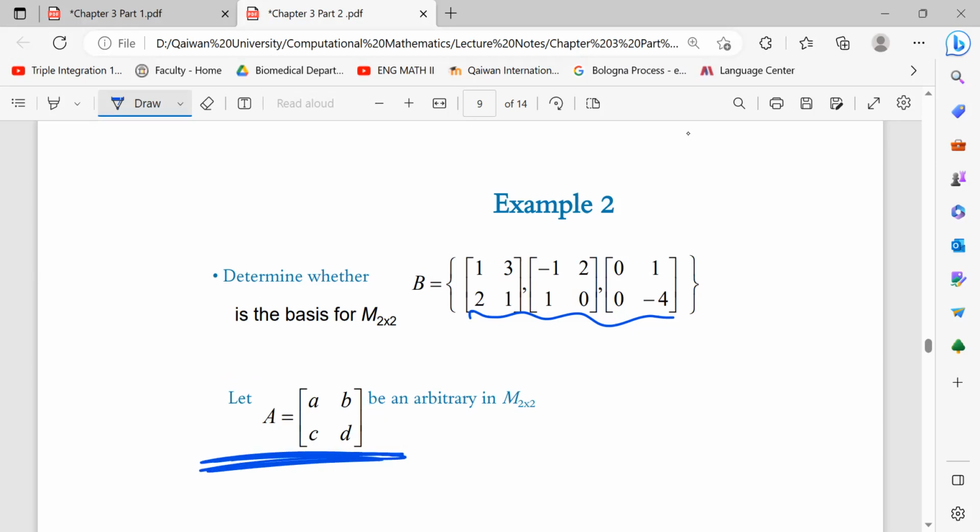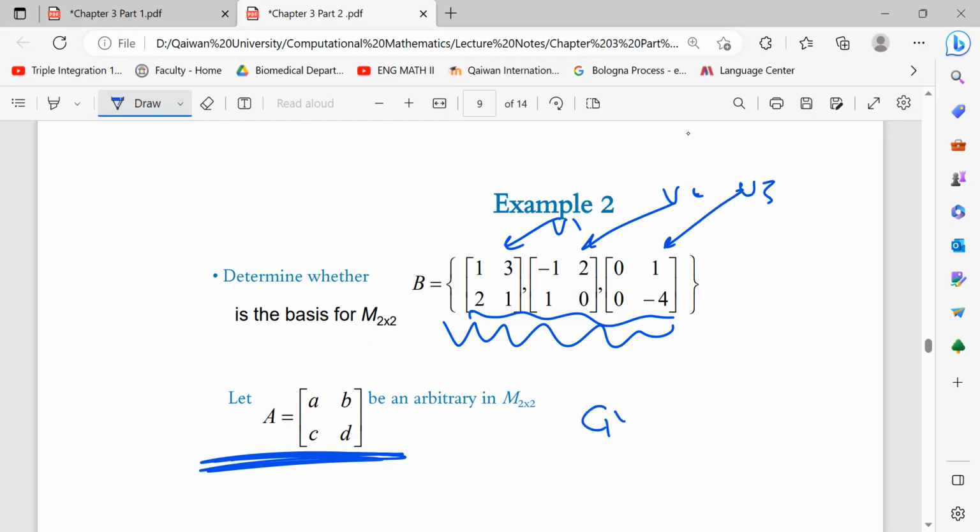We say these three matrices must satisfy two conditions to be a basis for M22. First, let's say this is V1, this is V2, and this is V3.